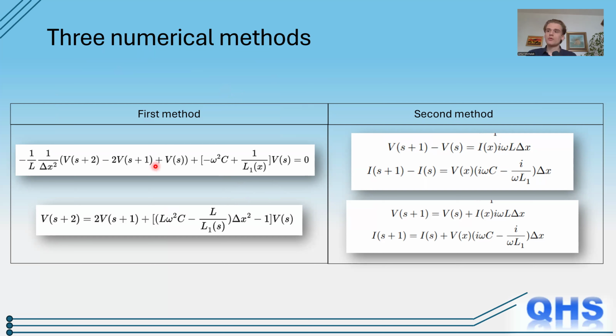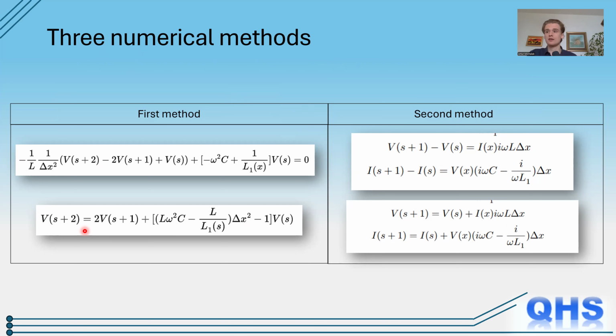After rearranging the formula and solving for V at position s plus 2, we get an equation that we will use for the numerical solutions. That is the first numerical solution.